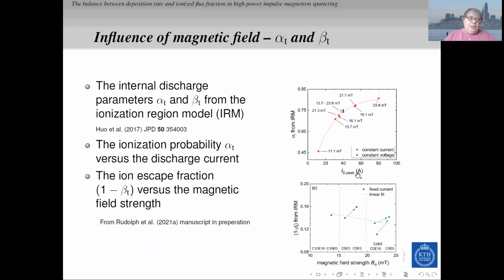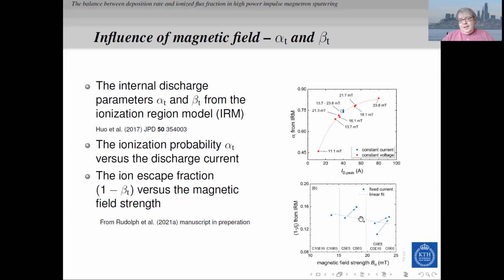We have also modeled this with our ionization region model. We see that the ionization probability depends on the discharge current. As we see here, it follows this rather smooth curve, but we also see that the magnetic field strength seems to control beta, or as we like to put it, 1 minus beta, because that is the measure of how much of the sputtered species ions reaches the substrate.